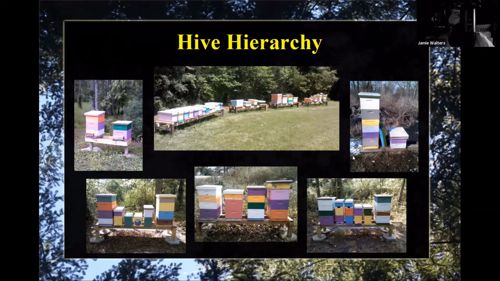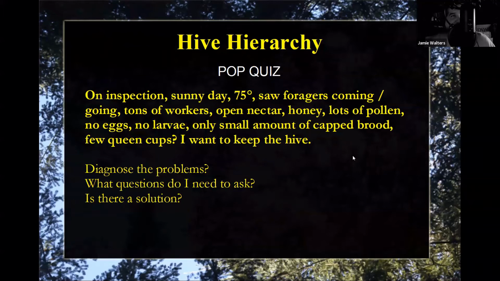I got a question. We got a pop quiz real quick. I want you guys to think about this, and then we'll take a break and come back to it. On an inspection, a nice sunny day, 75 degrees, I saw foragers coming in and out. Tons of workers, open pollen, honey, nectar, lots of pollen, but I saw no eggs, no larvae, only a small amount of capped brood, but I saw a few queen cups.